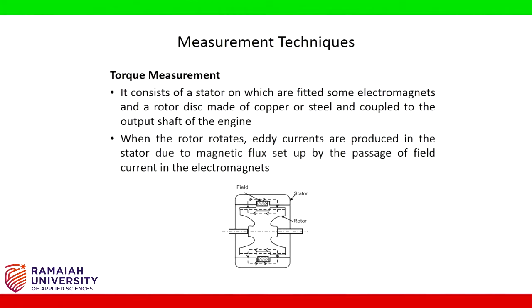It consists of a stator on which are fitted some electromagnets and a rotor disc made up of copper or steel and coupled to the output shaft of the engine. When the rotor rotates, eddy currents are produced in the stator due to the magnetic flux set up by the passage of field current in the electromagnets.